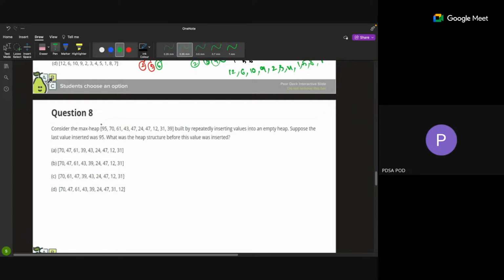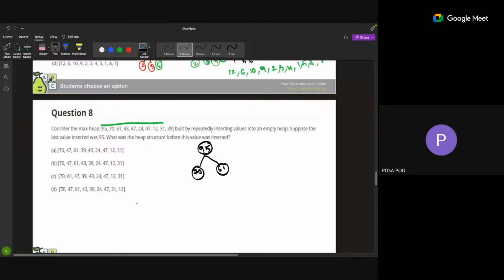Let me consider the heap we are creating. I'm trying to create that heap. Your existing heap looks like this: 70. See, it's a binary heap. It's not a 3-array heap, because the previous one was the 3-array heap. Now it is a binary heap.